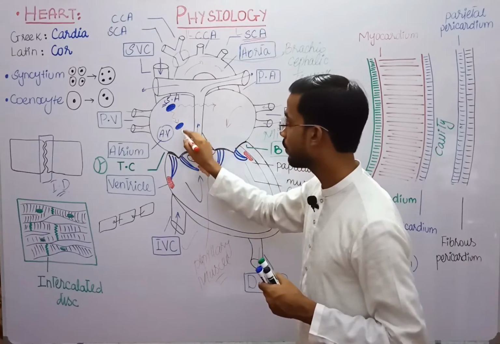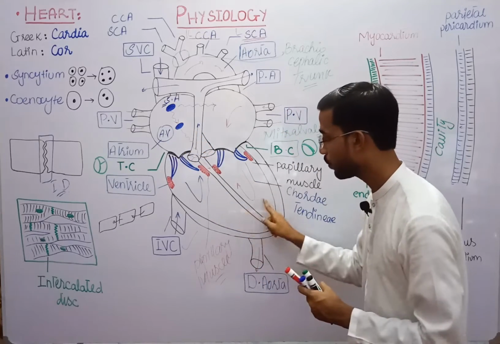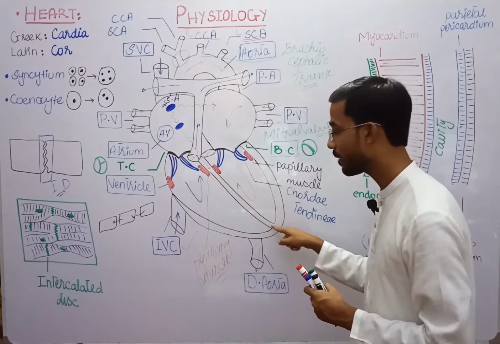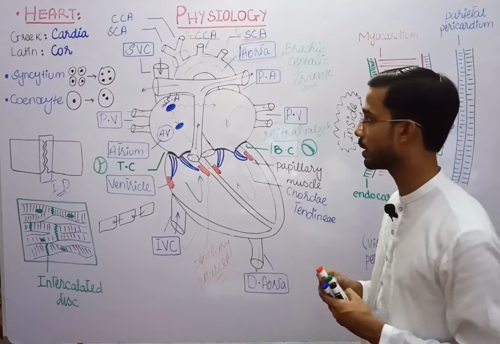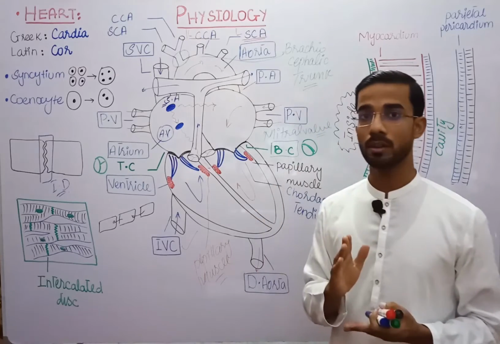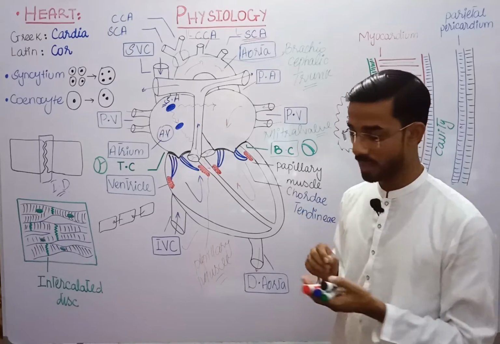And the AV node will also travel the signal to the two ventricles and the interventricular septum. This is actually the junction between the two ventricles, right? Two bundles are involved in the conduction of the impulse.